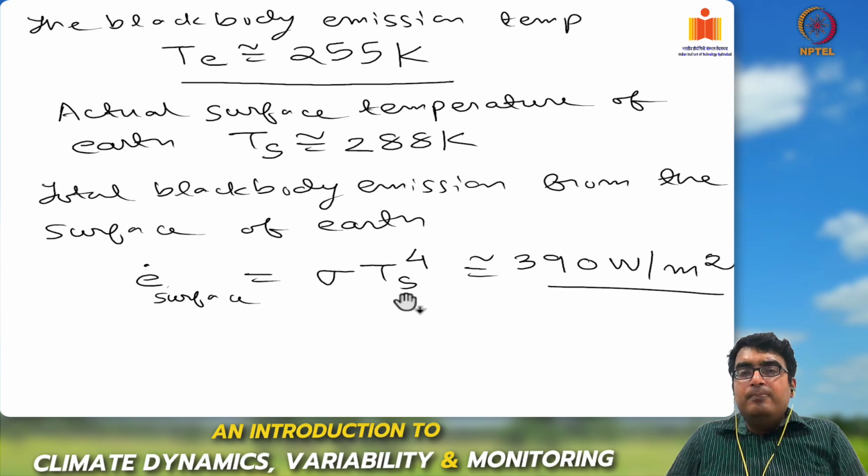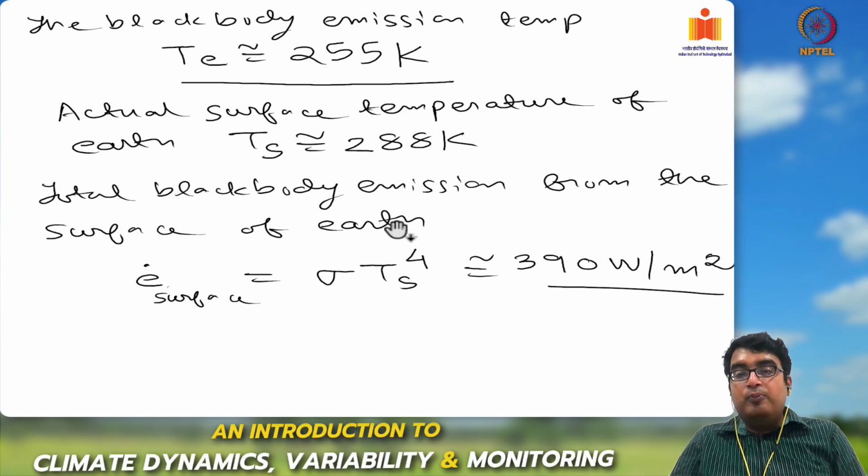The actual mean surface temperature of the Earth, TS, is around 288 kelvins. As we have discussed before, it's around 15 degrees centigrade. If you think of the surface of the Earth itself to be a black body, which it is in the long wave radiation regime, then the total black body emission from the surface of the Earth is sigma TS to the power 4, which we will call E dot surface.